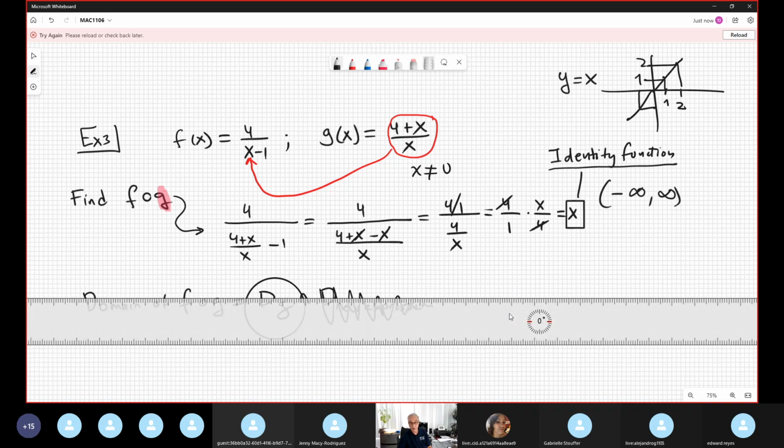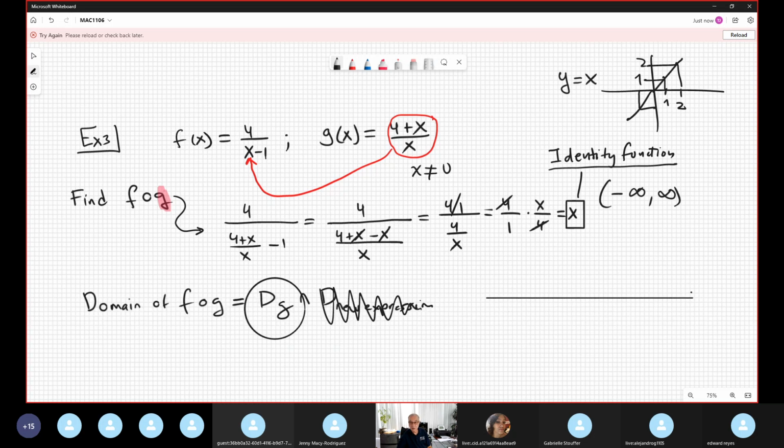the domain of the composition is, again, I put my real number line to visualize much better. The students that don't need that, no problem, I understand. But I need to explain this. Infinity positive, infinity negative, and the only guy we have a problem with is 0, undefined. So we have a hole here, at 0, and the rest is okay.